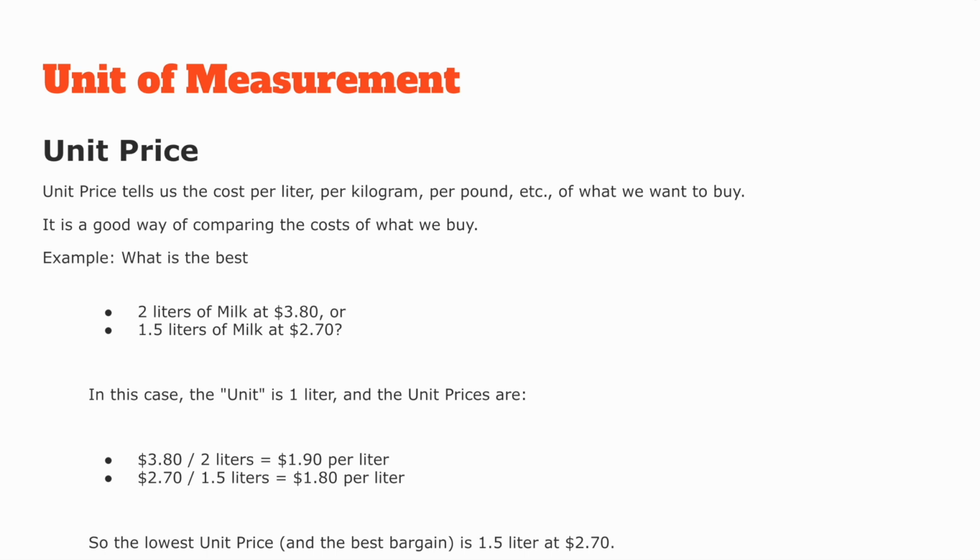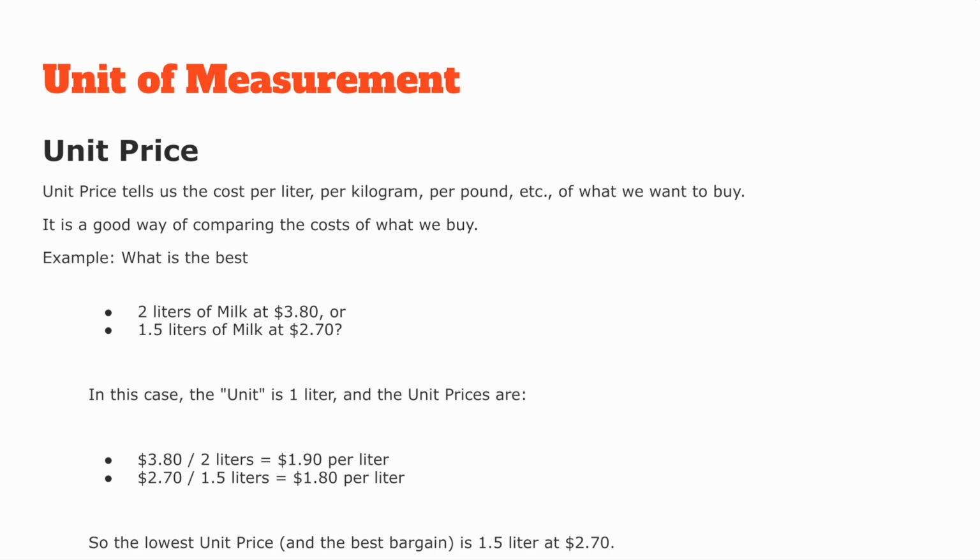Now, let's look at the unit price. Unit price tells us the cost per liter, per kilogram, per pound, or others of what we want to buy. It is a good way of comparing the cost of what we buy. For example, let's compare two different prices: 2 liters of milk at $3.80 or 1.5 liters of milk at $2.70.